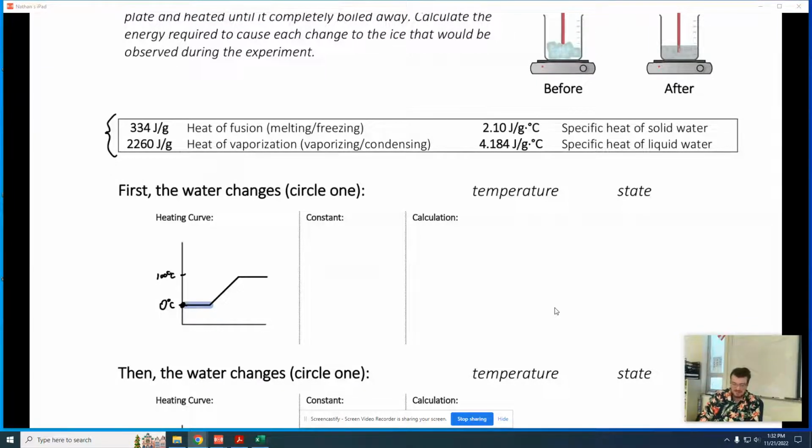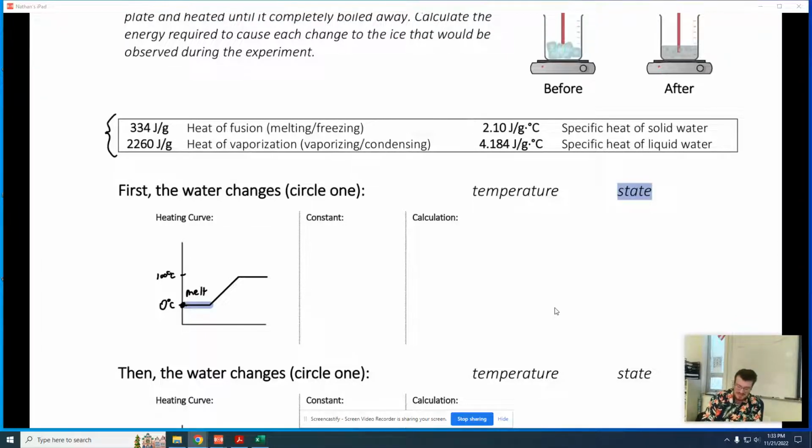If I look at temperature, this blue region starts at 0 degrees Celsius, and it also ends at 0 degrees Celsius. So the temperature is not changing. What that helps me identify is that the state is changing here. If you're familiar with these heating curves, hopefully you've recognized that this is the melting portion of our heating curve.